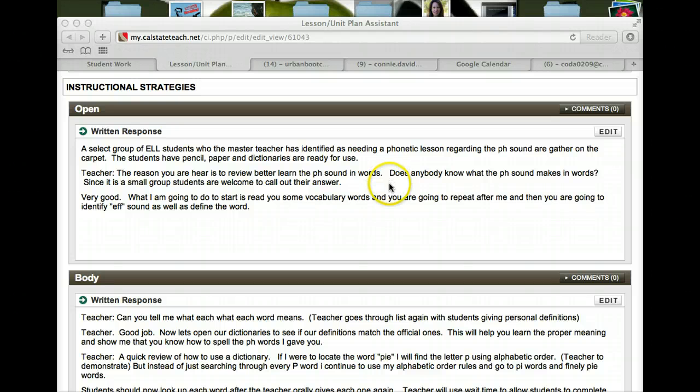You say, since we're in a small group, they're welcome to call out their answers. That's fine. But you also need to say something like, I will be able to tell from their response how familiar they are with this sound and how much work I need to do. I am checking for prior knowledge here.